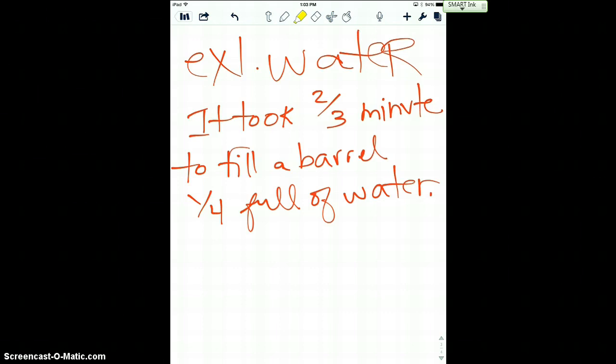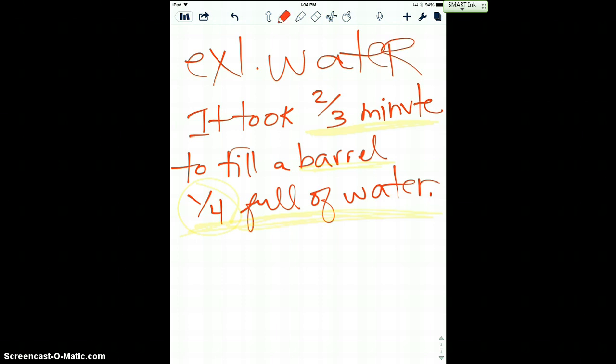So it took 2/3 of a minute. Is that more than a minute or less than a minute? Hopefully you said less. It's almost a minute. To fill a barrel 1/4 full of water. So is the barrel full? No, it's only 1/4 full. Is that more or less than a half? And hopefully, yet again, you said less.